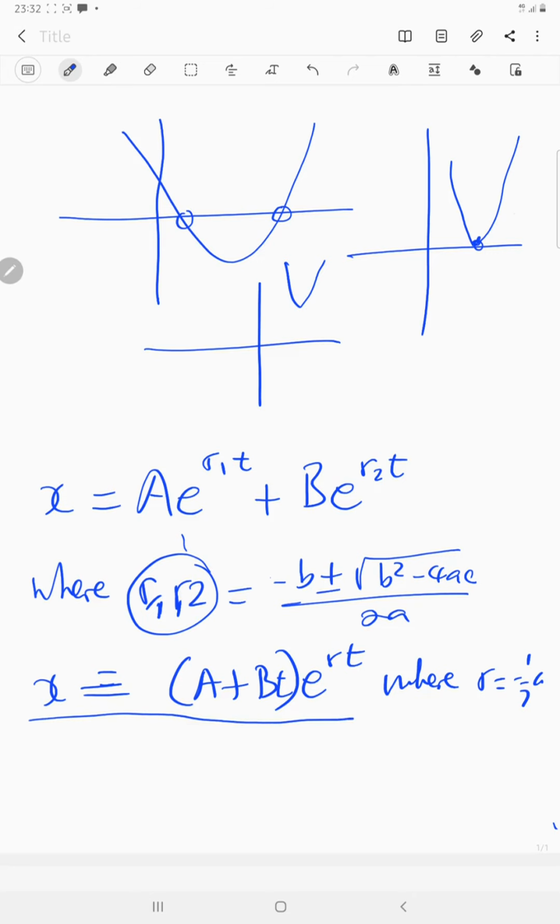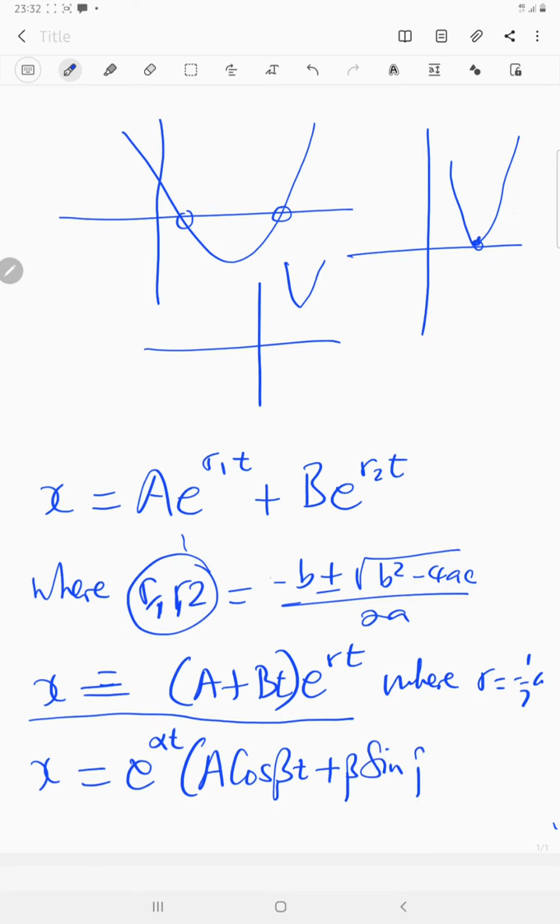And if the roots are complex, then we have a solution which is x equal to e to the alpha t, times (a cosine of beta t plus b sine of beta t).